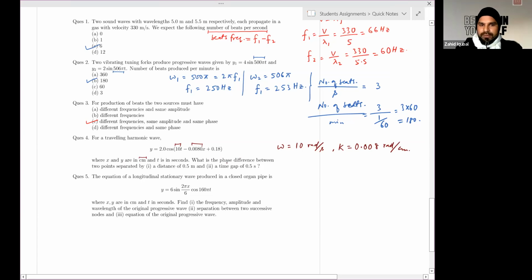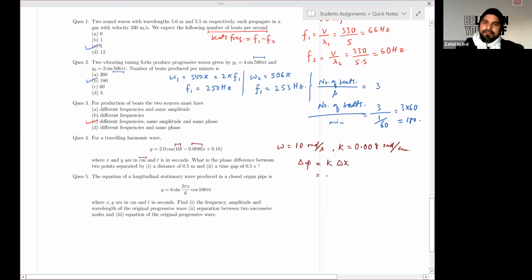So first we have to calculate the phase difference between 2 points separated by a distance of 5 meters. In the last class, I explained how to calculate phase difference. So delta phi equals k times delta x.